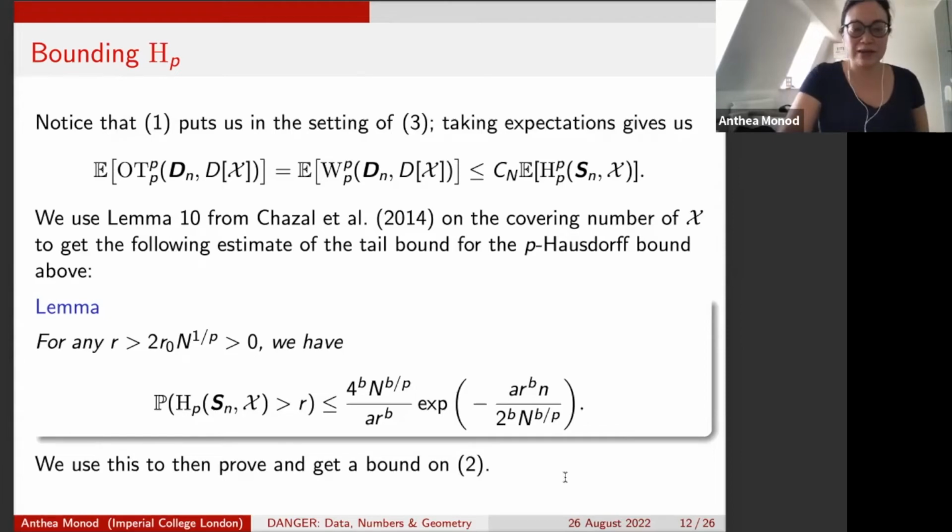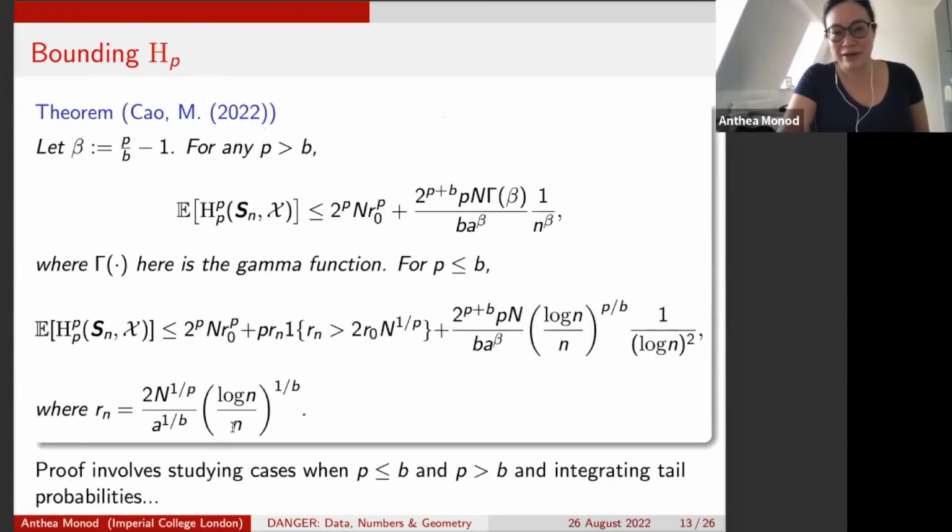So we adapt their lemma from the linear setting of persistence landscapes to our case of the nonlinear setting of mean persistence measures and persistence diagrams. And we use this lemma to get the bound on the second inequality here.